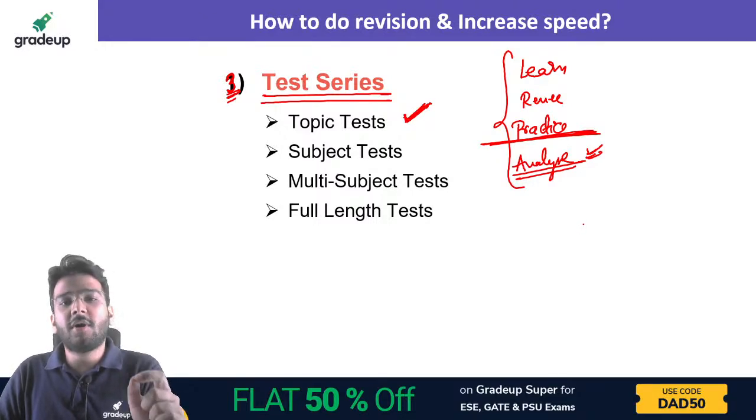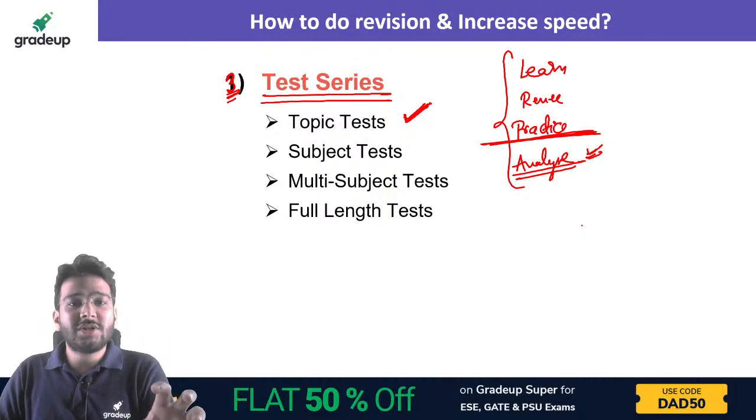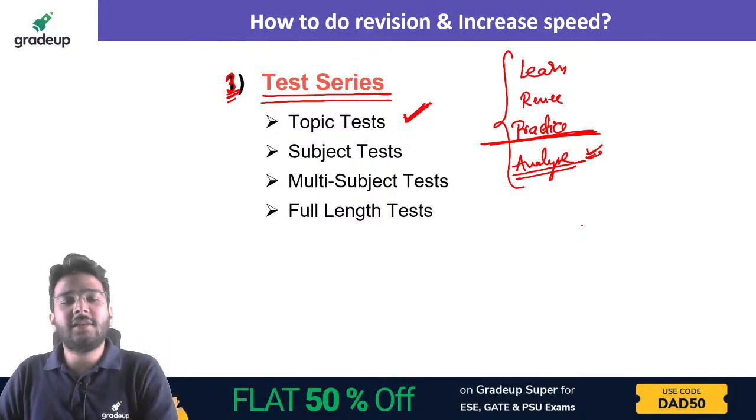Because if you are solving the questions accurately, only then are you going to get the marks. If you are just solving at a quick pace and committing silly mistakes, it is not going to be helpful in any way for you, right? So always focus on accuracy more than speed, right? And from this analysis phase, you will get to know where you are committing the mistakes, right? So that is why it is very, very important.